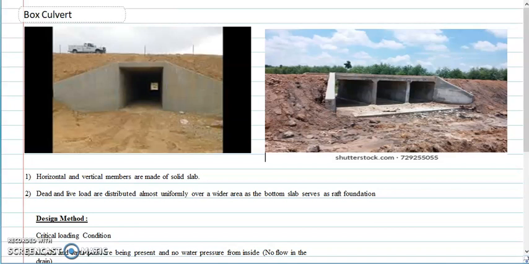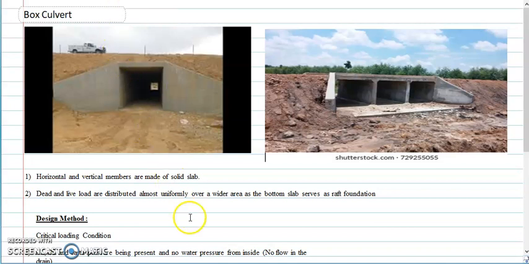For high embankments, an ordinary culvert will require very heavy abutments, which will be expensive, and also it will transfer very heavy loads to the foundation. So for high embankments, we should usually go for the box culvert.